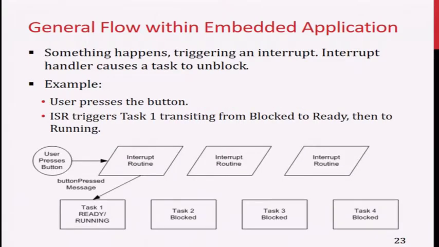So when the user presses a button, I activate the ISR. The ISR is activated to let me know that somebody pressed the camera button. But when the camera button is pressed, I must activate the task to go and take the picture, correct?